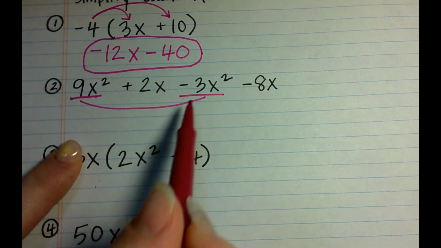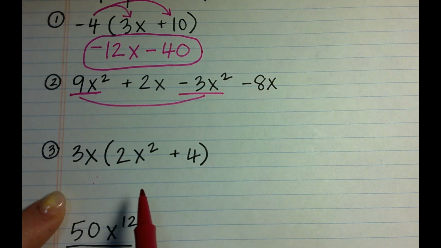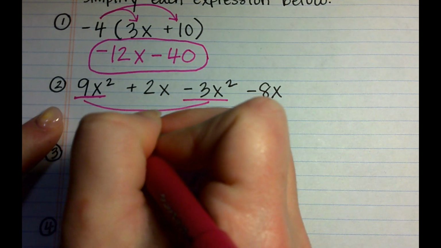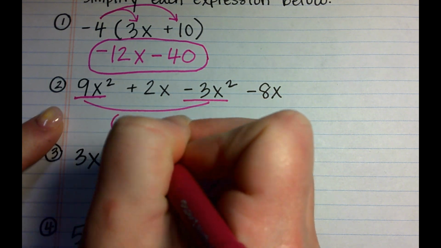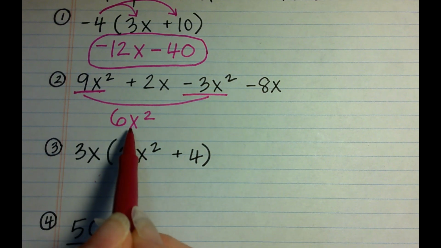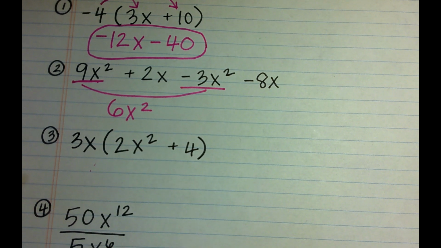What is 9x squared minus 3x squared? 6x squared. 9 minus 3 gives us 6, and then our variable and exponent don't change. We're just adding and subtracting here.